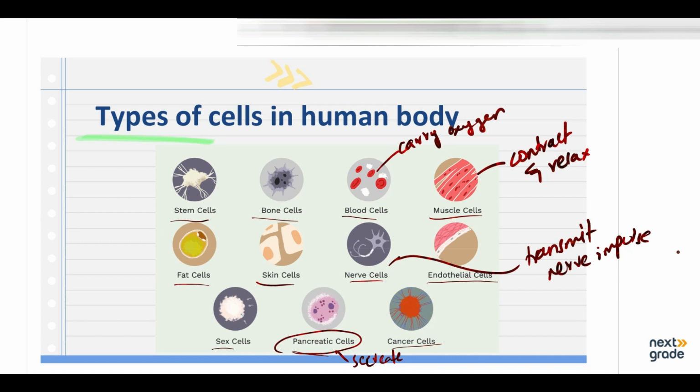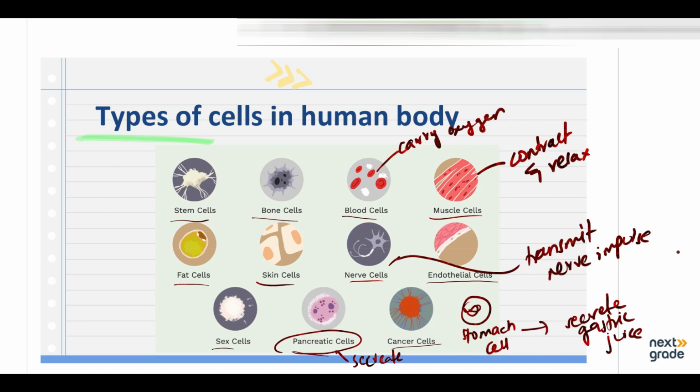Then stomach cells, their function is that they secrete the gastric juice. They secrete gastric juice, right?